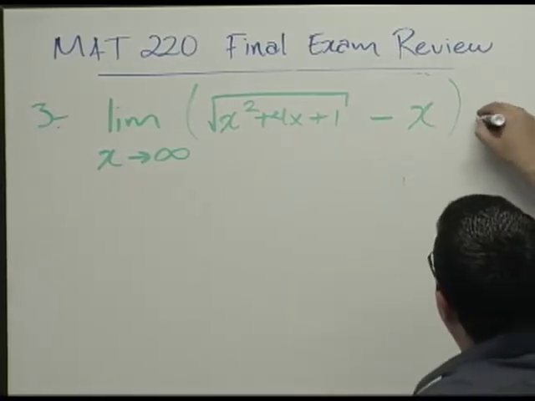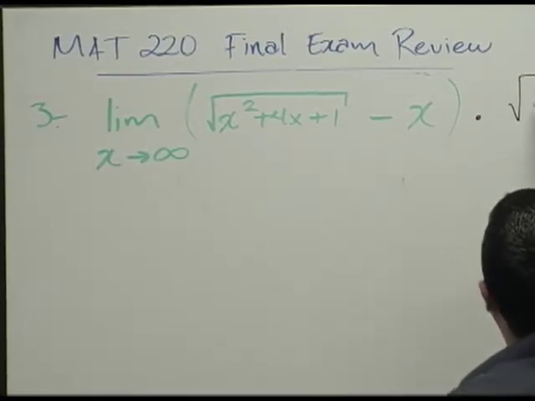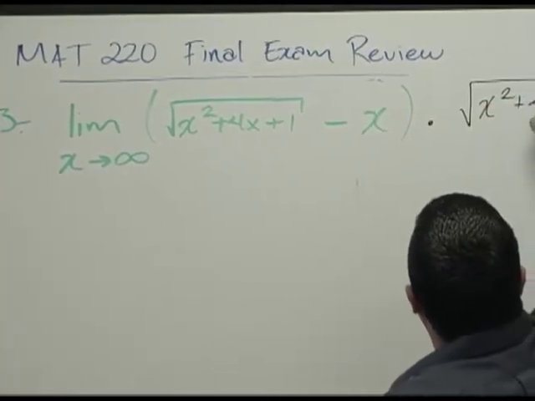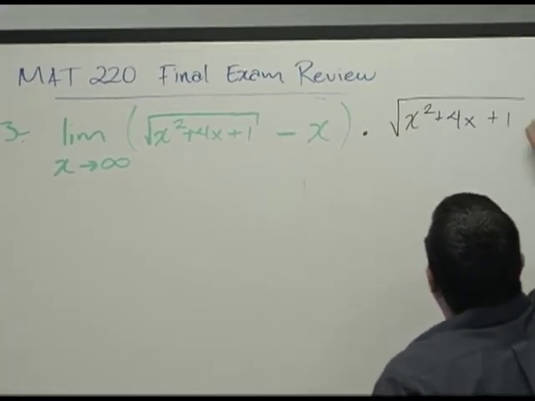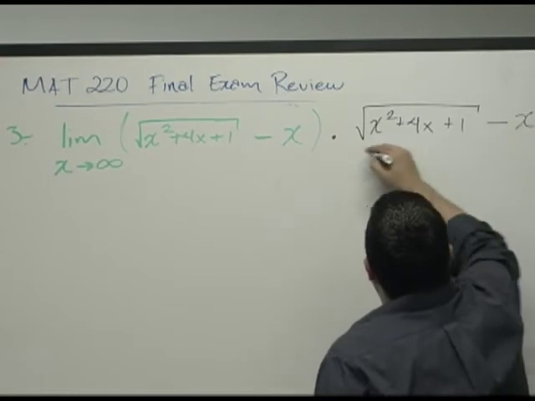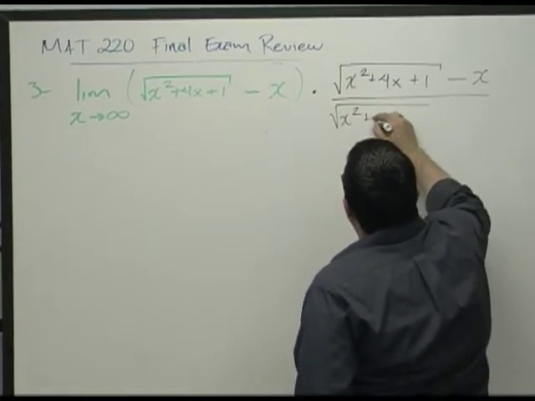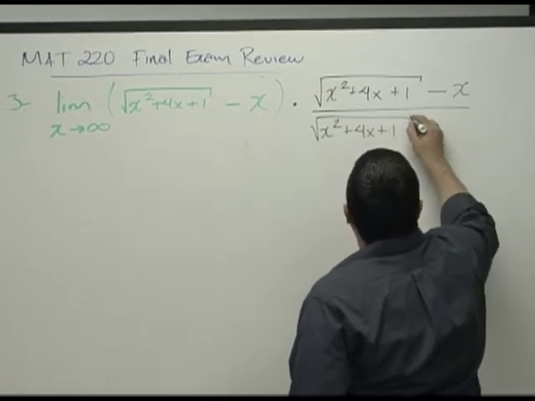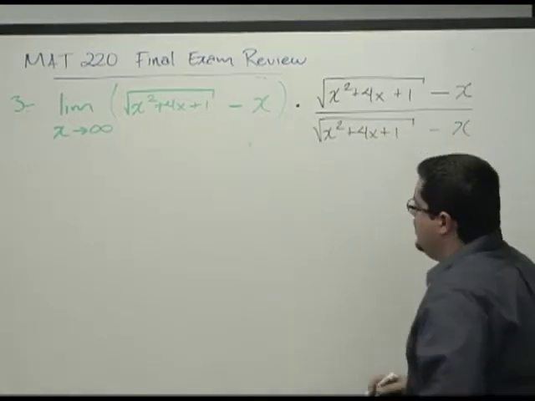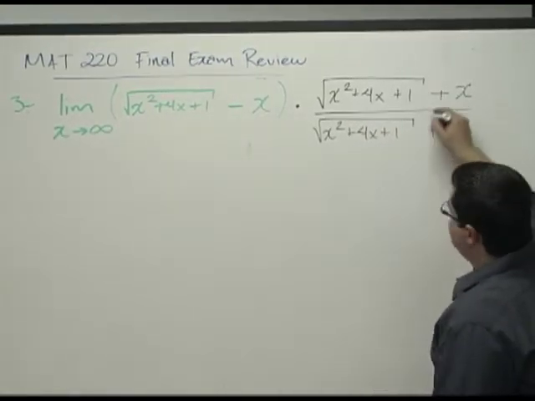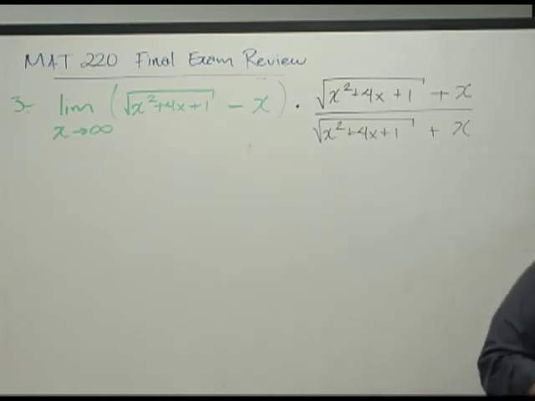We're going to multiply the top and the bottom by the square root of x squared plus 4x plus 1 plus x over the square root of x squared plus 4x plus 1 plus x. Oh, sorry, plus x. And let's see what happens.